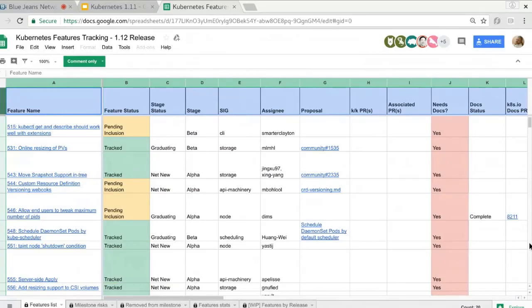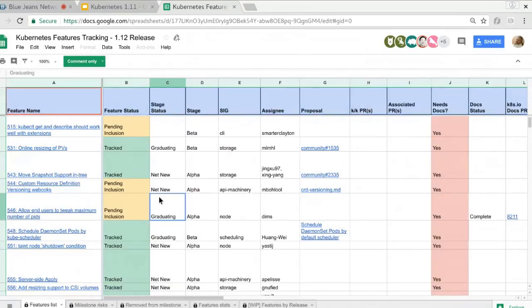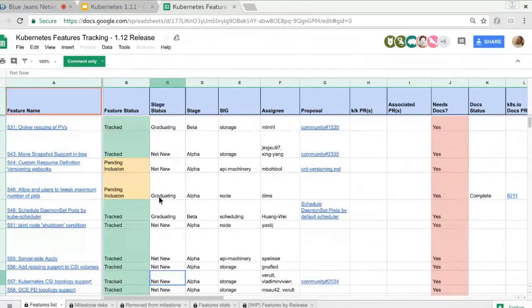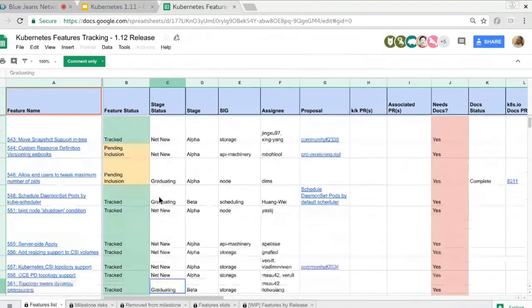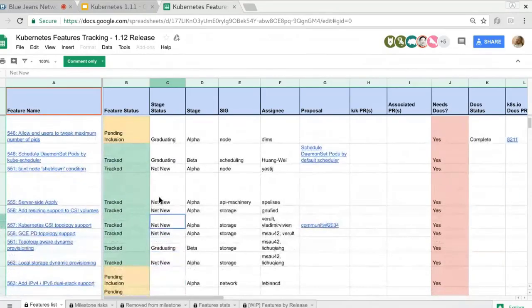So feature-wise, we're going to see more improvements in storage. So the CSI, container storage interface, will get buffed up. This has been happening across, I want to say, the last 3 releases or so, and it will continue forward probably to, I want to say, 1.14.